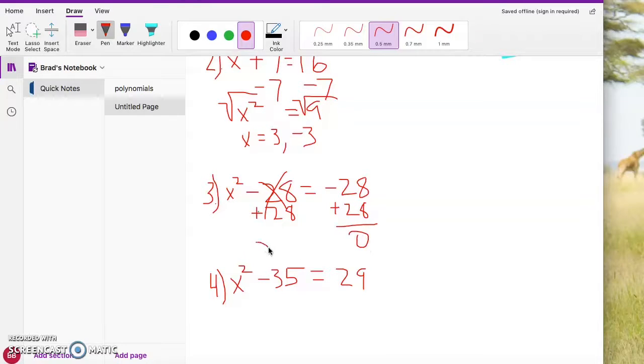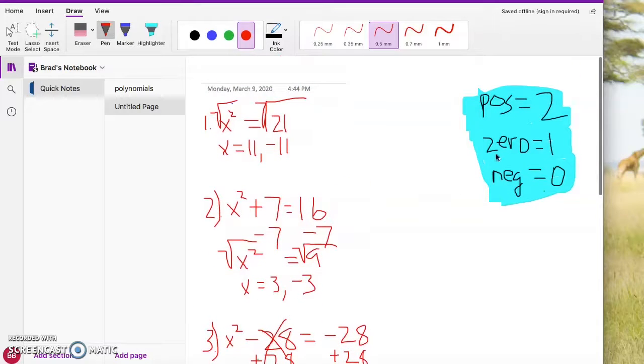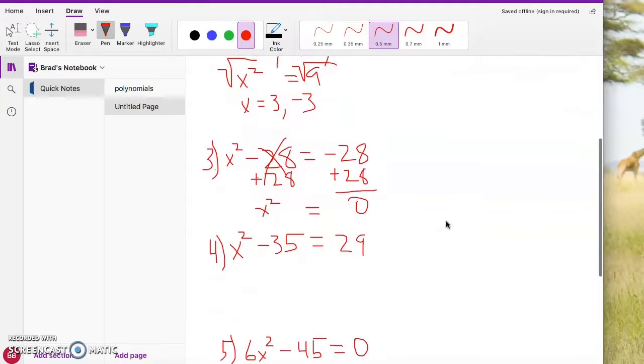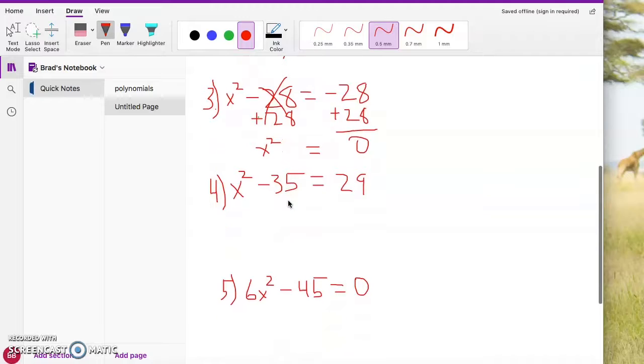What do we remember about our rules? x squared equals 0. If it equals 0, there's only one solution, and that solution is 0. So don't even mess with the square roots. You know this answer is 0 once we're down to x squared equals 0.